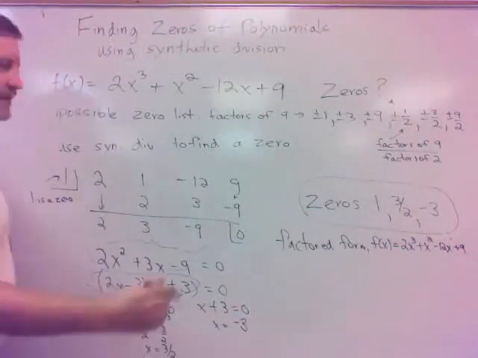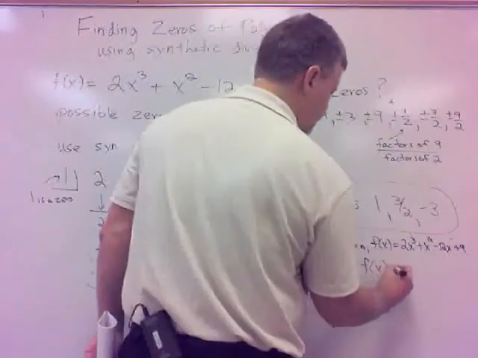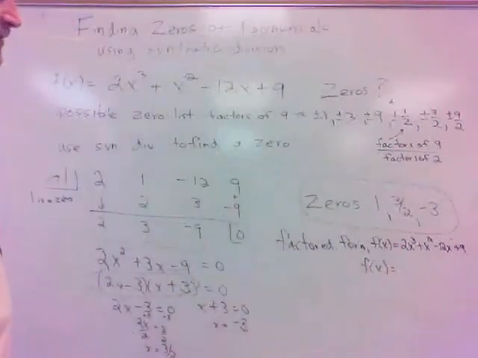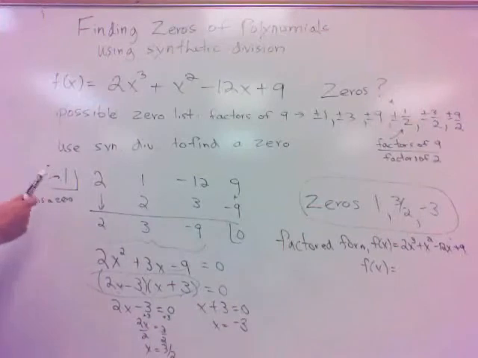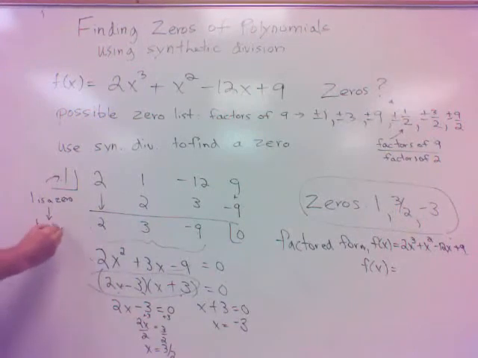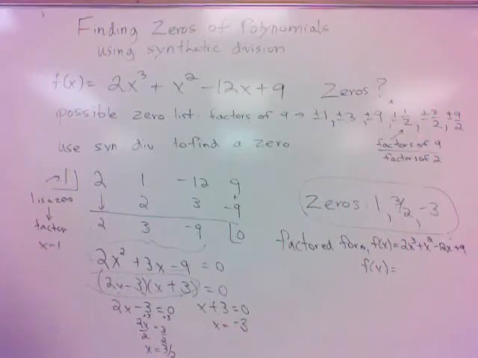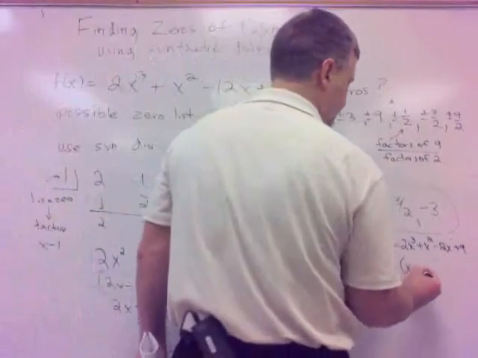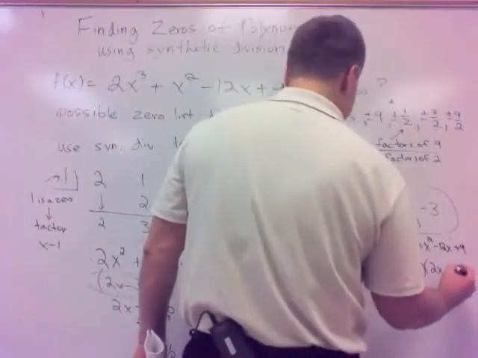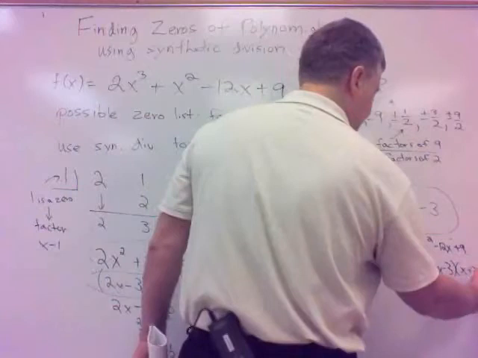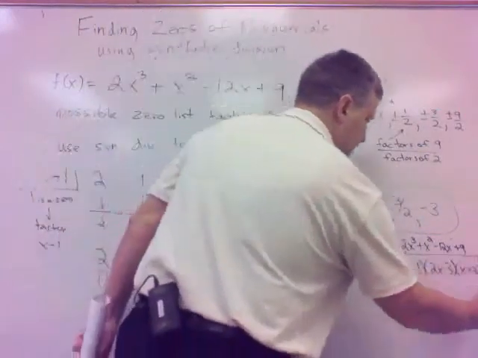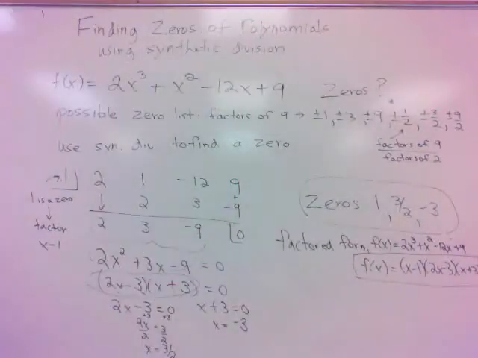You need three factors. What about the other one? Well, this is a 0, and so there is a factor involved there, isn't there? We didn't write it out, but what factor would give me that 0? Wouldn't it be x minus 1? So here are my three factors: x minus 1, 2x minus 3, and x plus 3. With me on that? So factored form, if you want that, you can get that too. All right?